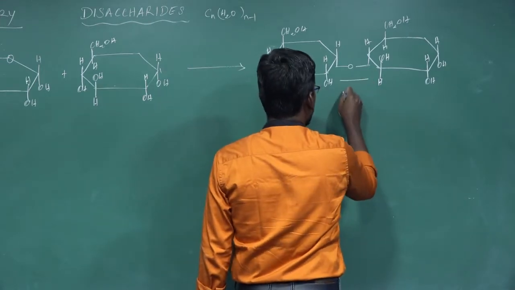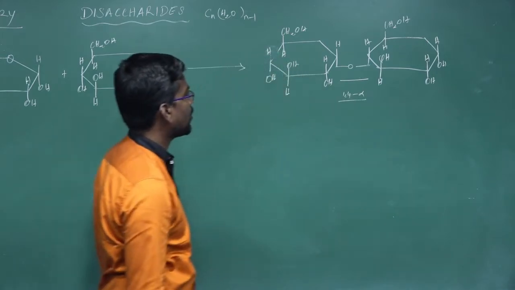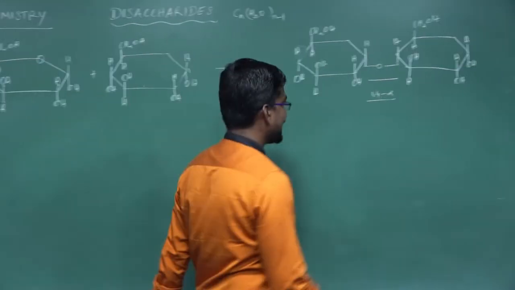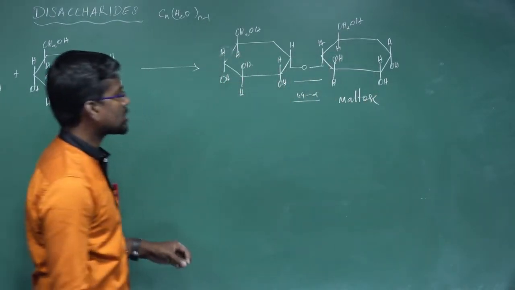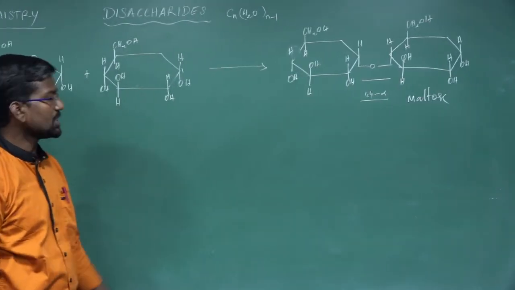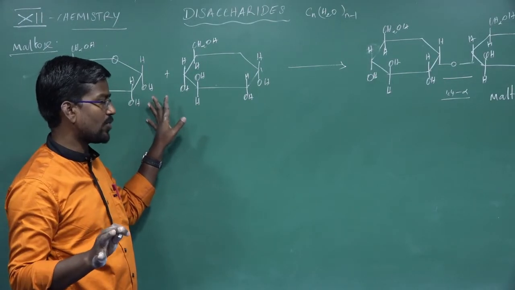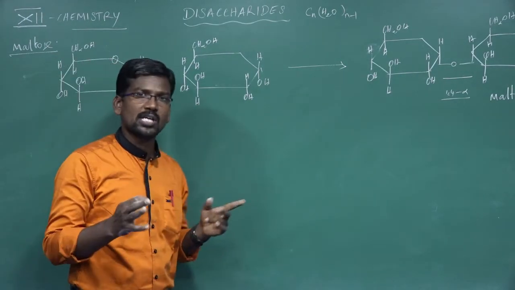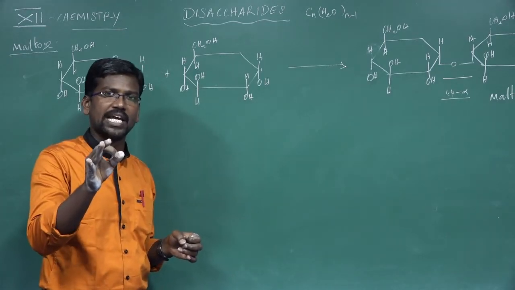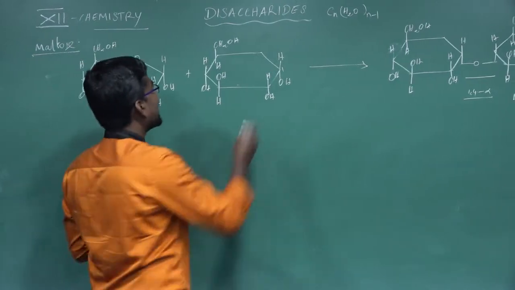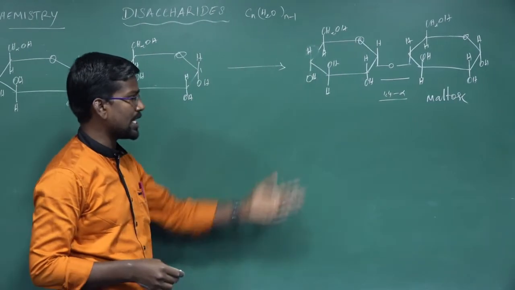It is a 1,4 alpha glycosidic linkage. This is the structure of maltose, commonly called malt sugar. Malt sugar is hydrolyzed to give the same molecule, alpha D glucose. So two molecules of alpha D glucose are linked through an oxide linkage, a glycosidic linkage, to produce maltose.